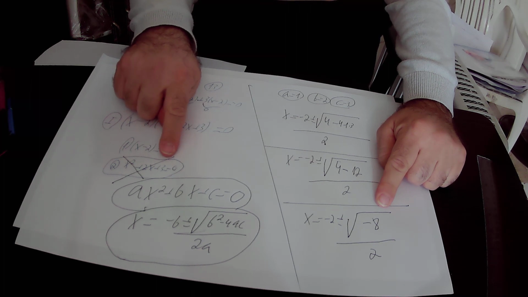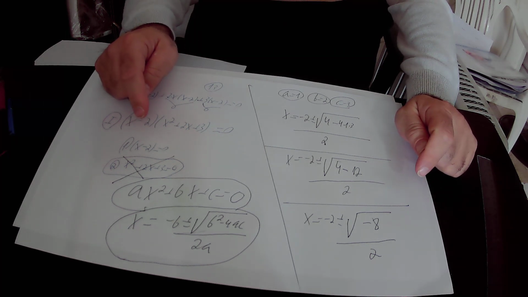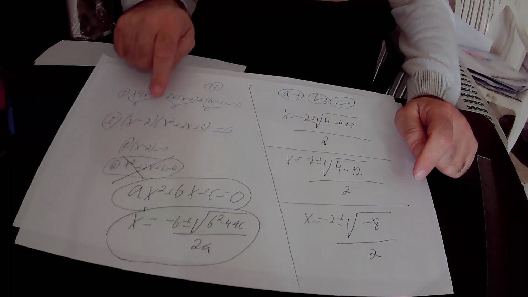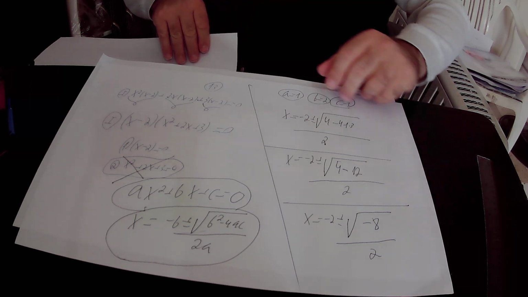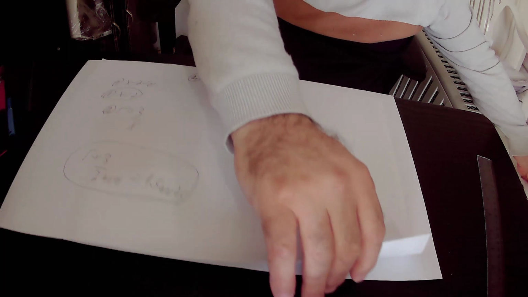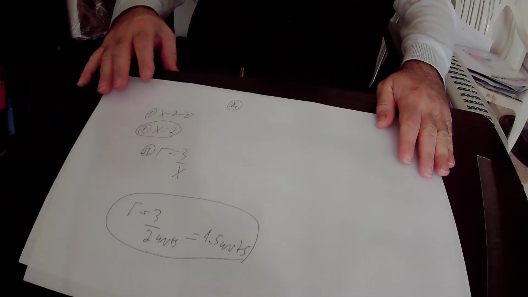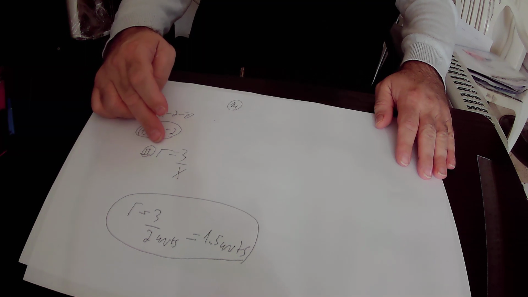It means that we abandon this possibility, and the only solution to equation number 1 is x minus 2 equals 0. If x minus 2 equals 0, then x equals 2. We have already found, according to equation number 2, that the radius of the semicircle is r equals 3 over x.